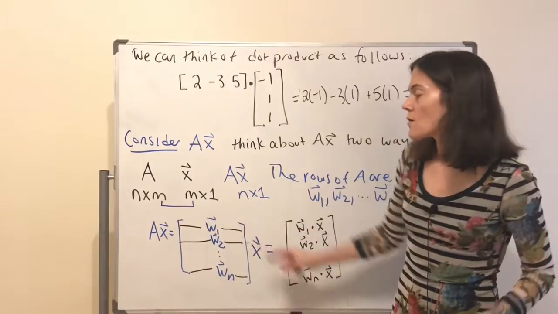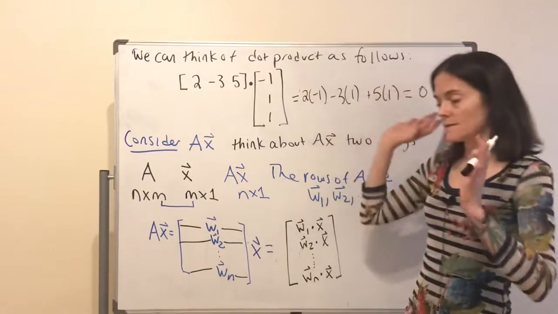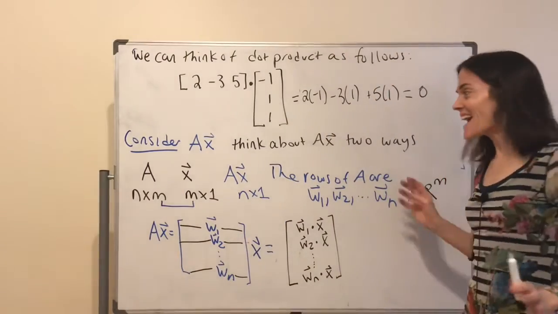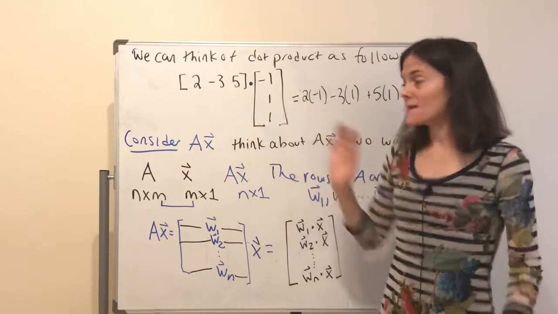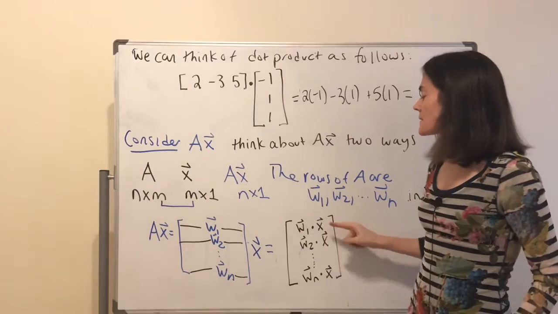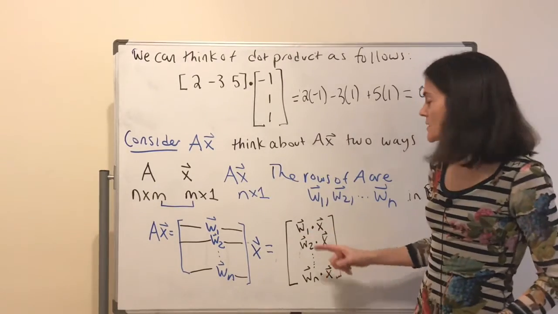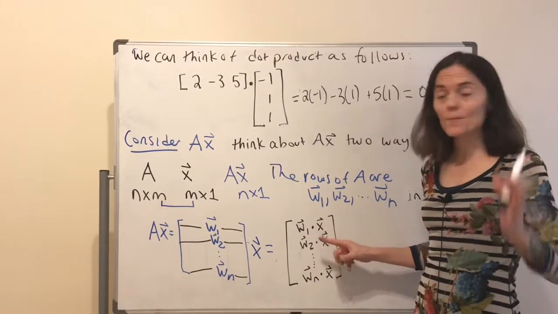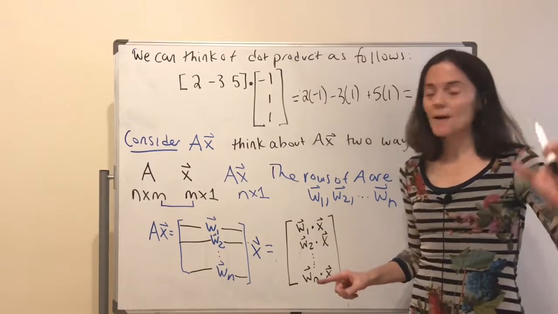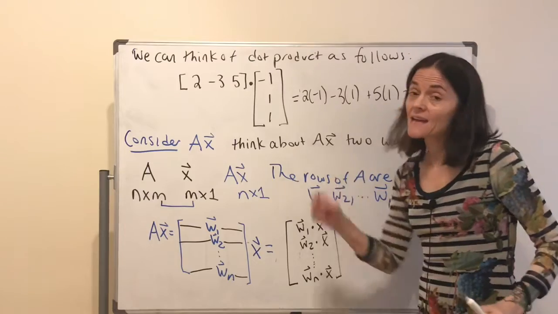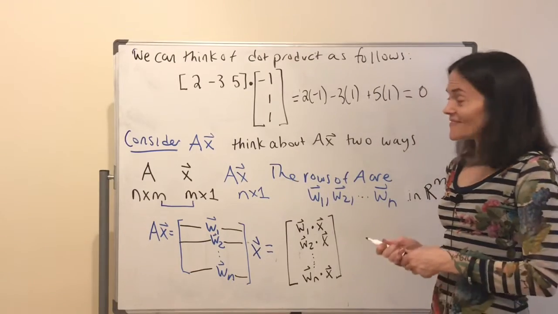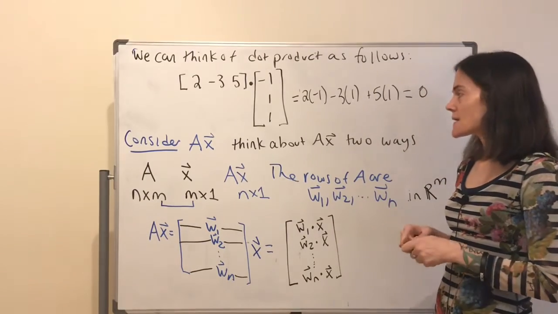So each row is in R^m, and x is a vector in R^m. So the dot product here is defined. We take W1 dot x, that's a number. W2 dot x, that's a number. All the way down, Wn dot x, that's a number. Now we have an n by 1 vector, and this is what A times x is.